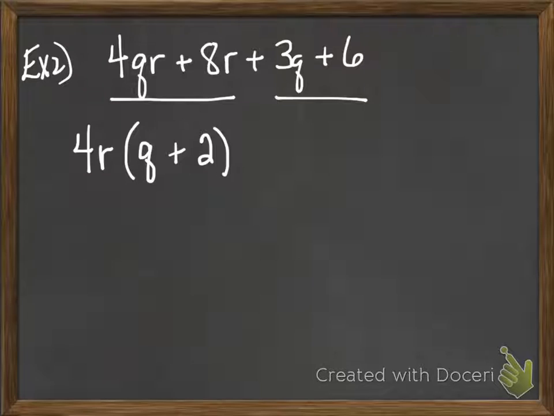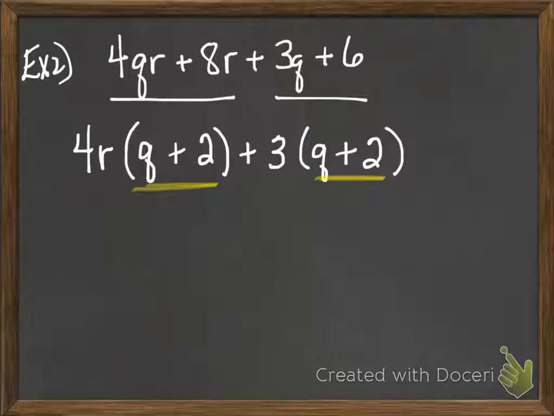Go to the last 2 terms. What's the GCF between the last 2 terms? 3. So write plus 3. You always have to have the plus in front. Okay? And then what do you get when you factor out a 3 from the last 2 terms? Q plus 2. Okay? Then in this step, your group should be exactly the same.